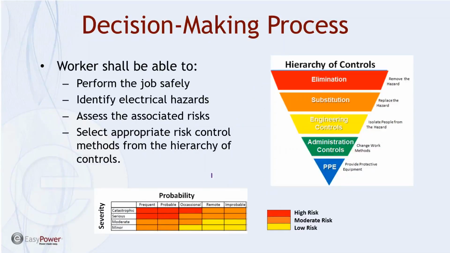This is not new to OSHA or NFPA, but it has had a lot of emphasis placed on it in the past two versions, 2015 and 2018, of NFPA 70E.